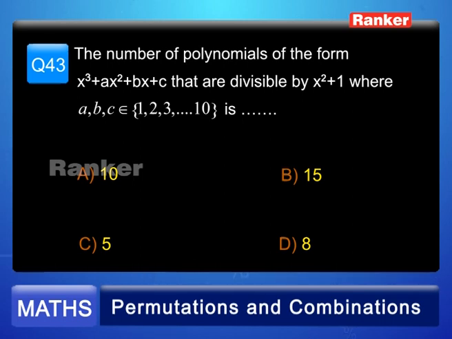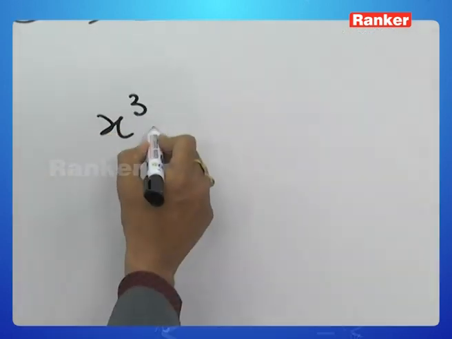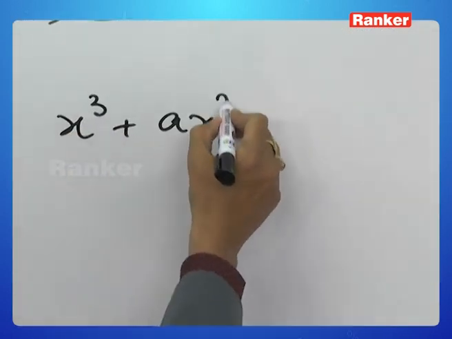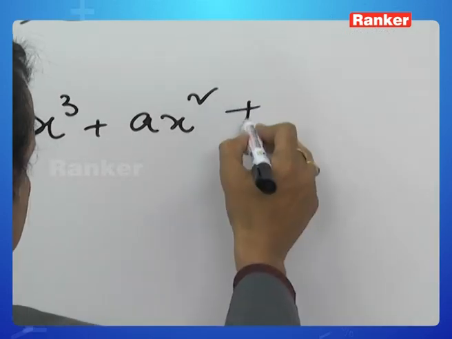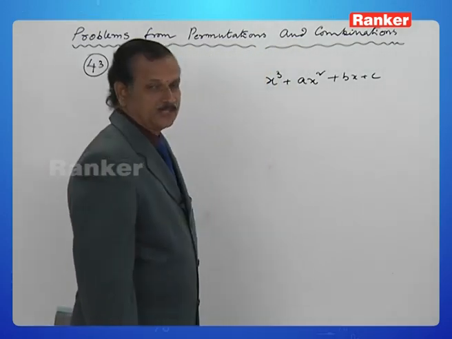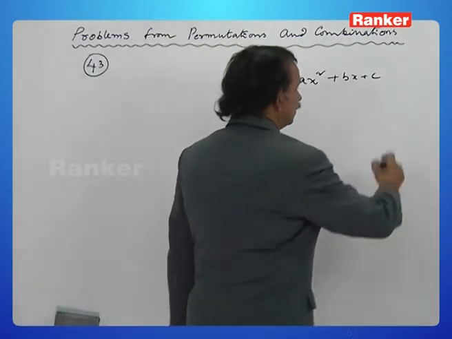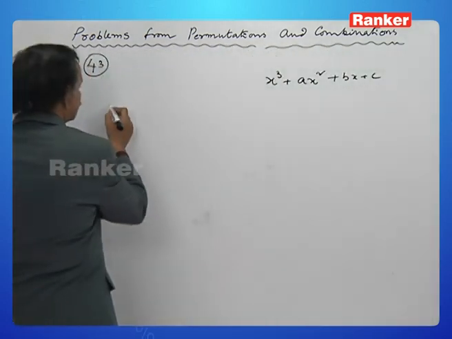What is the given polynomial? x cube plus ax square plus bx plus c. What are a, b, c? Natural numbers. What type of natural numbers?